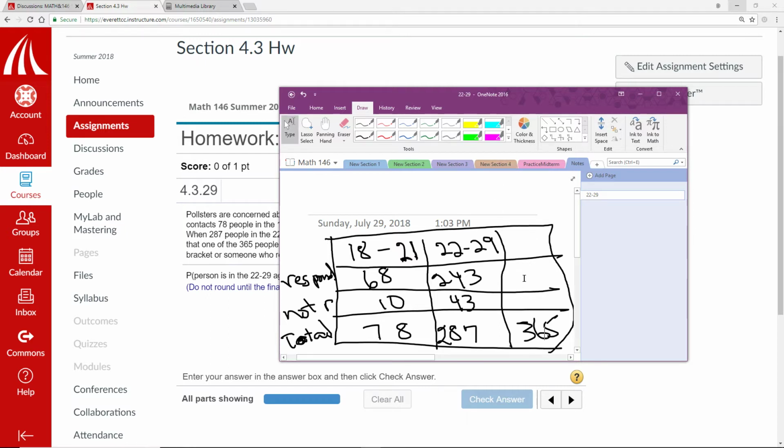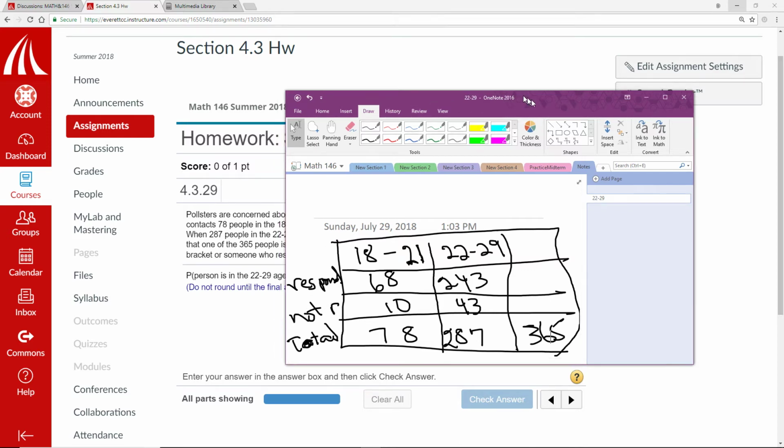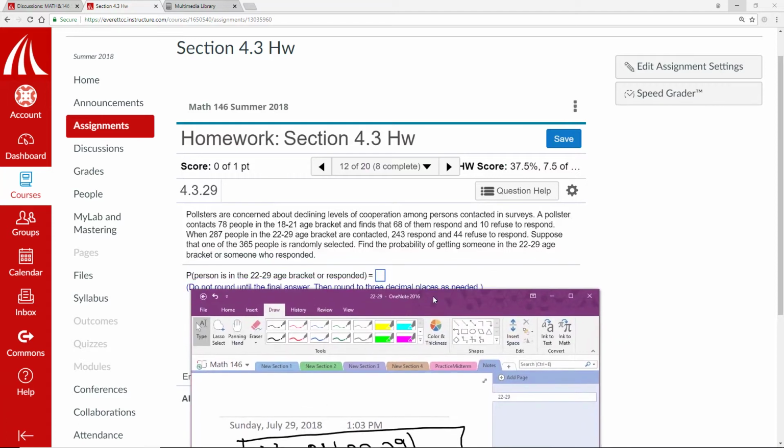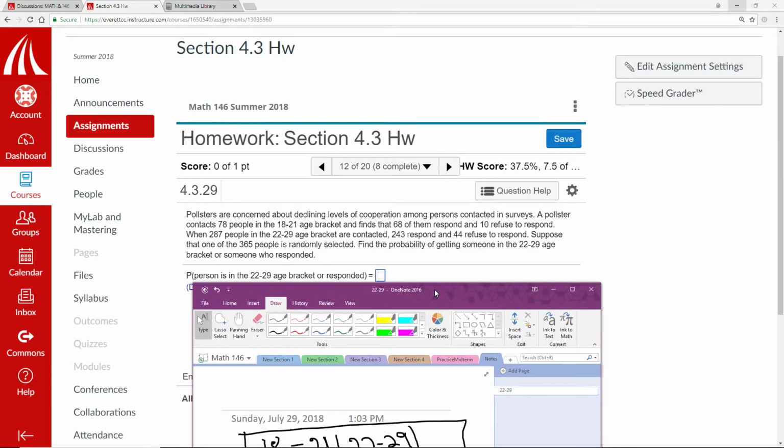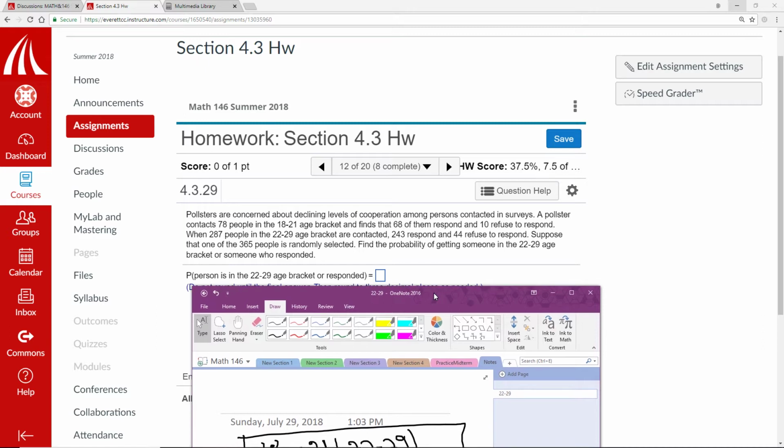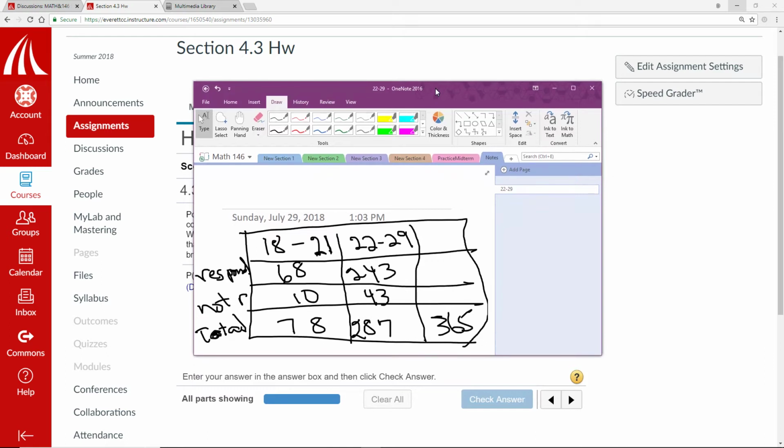And we can also figure out the total number of people who responded, and the total number of people who did not respond. But let's see what the question is asking us here. It says find the probability of getting someone in the 22 through 29 age bracket, or someone who responded.